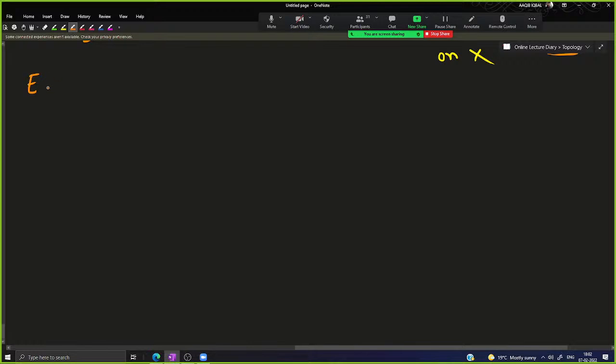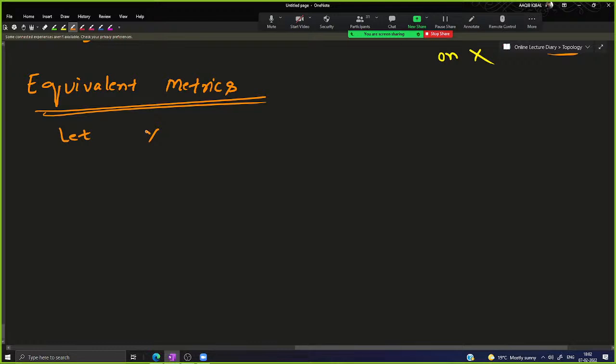इसको लिखिए आप. Equivalent metrics. Let capital X be a non-empty set. Stop.